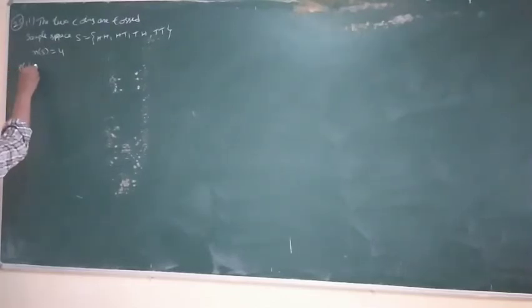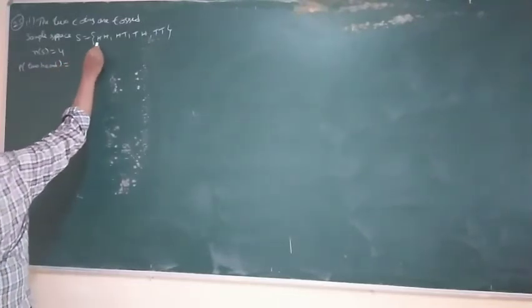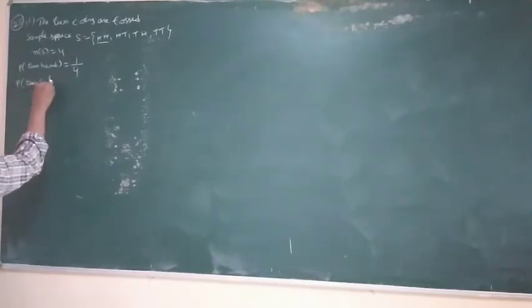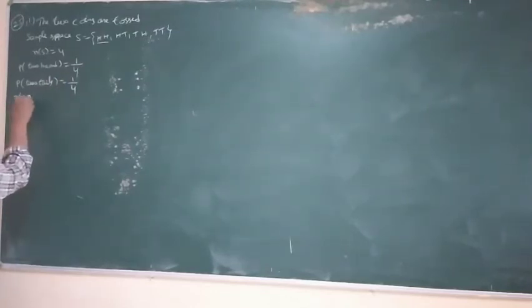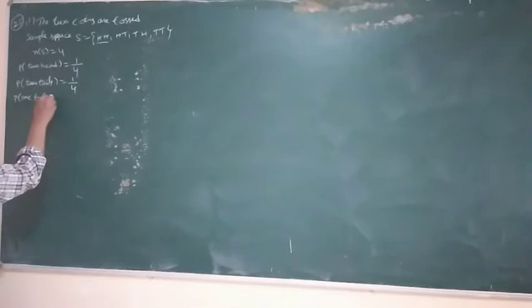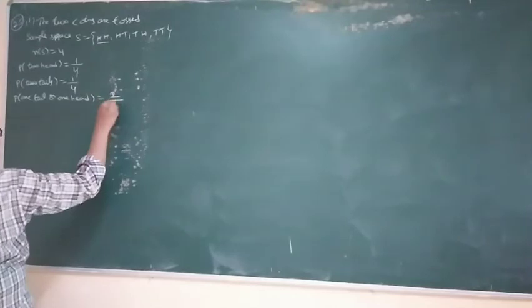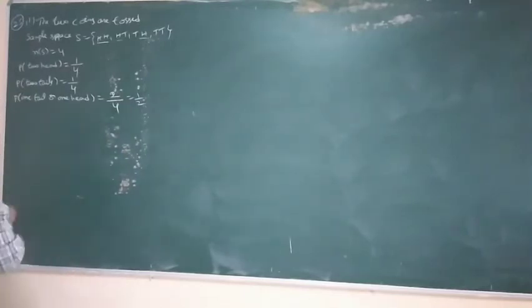Probability of two heads is 1 by 4, probability of two tails is also 1 by 4, and probability of one tail and one head is 2 by 4, that is equal to 1 by 2. So this is incorrect.